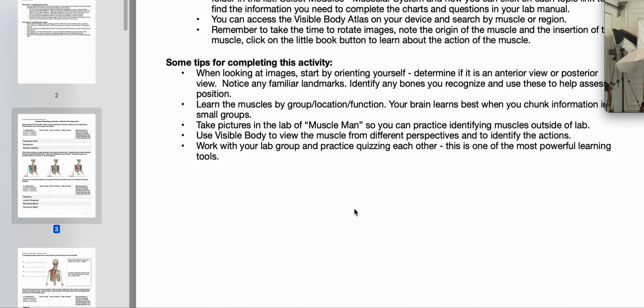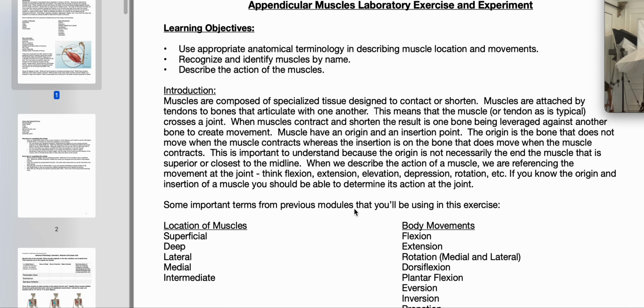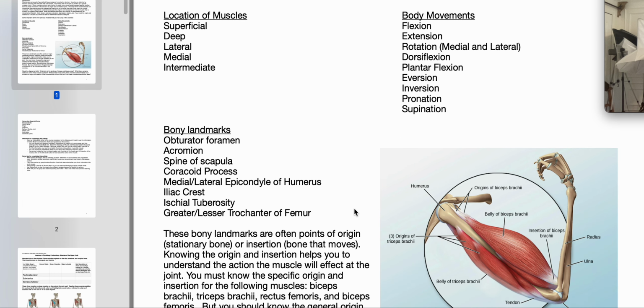So when you open this, and I think I have it already open, okay, here we go. So you'll see that this muscle activity guide is going to introduce you to muscles in general, which you should already be familiar with because you did axial muscles the week before. And it will give you some important terms that you've learned from previous modules, just to remind yourself that these are key terms that we use when we talk about muscles.